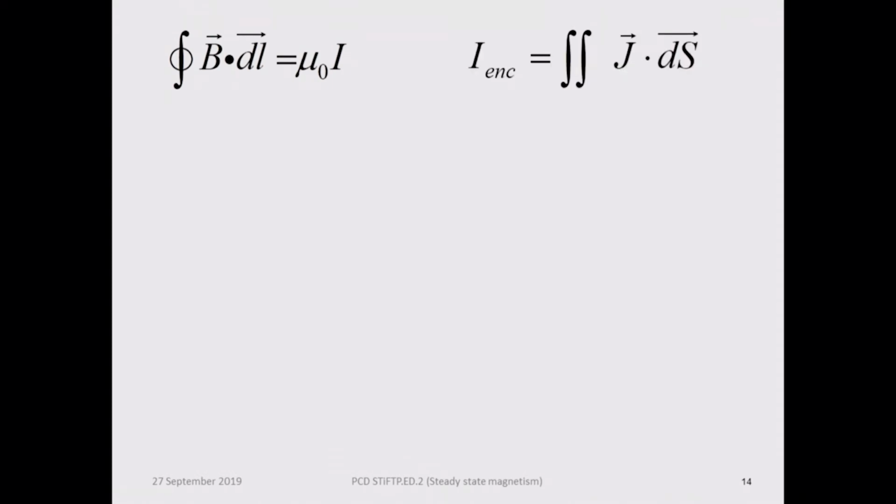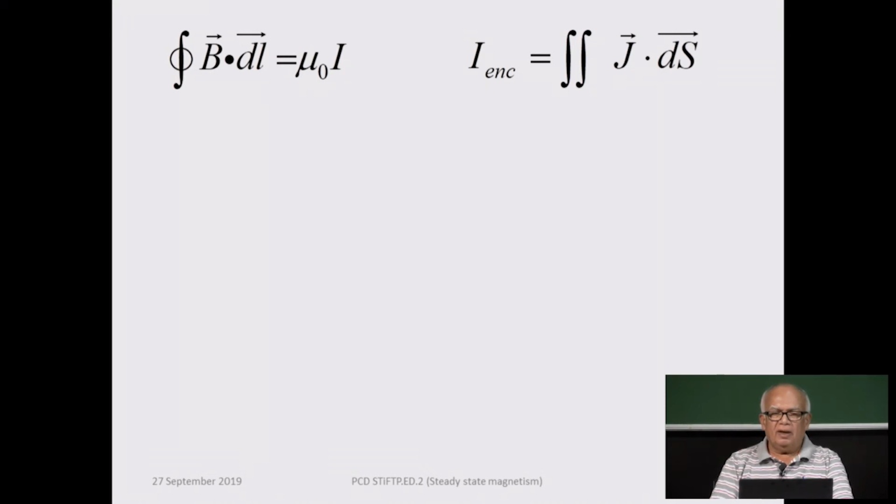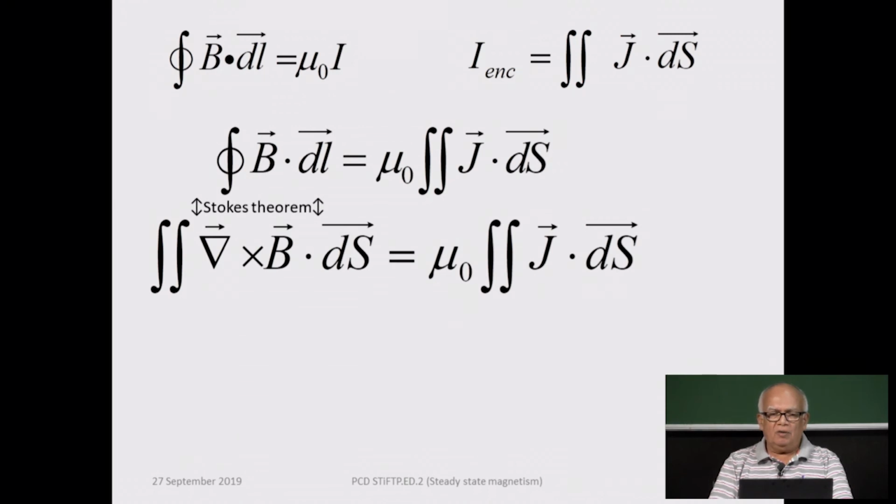So, you have got now this Ampere's law, which is written like this, B dot dl, right. And what does it mean? Integral over a closed path, we know from vector calculus, if for any vector field which has got well defined derivatives and so on, all right. So, it has to be a well behaved function, it has to be analytical.